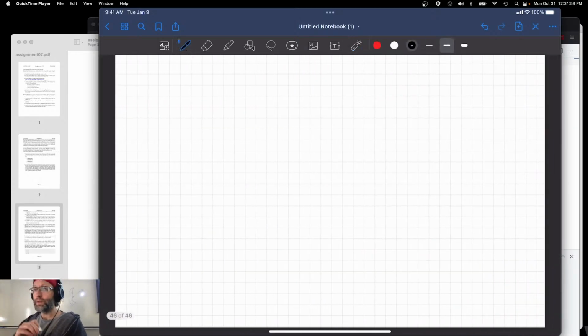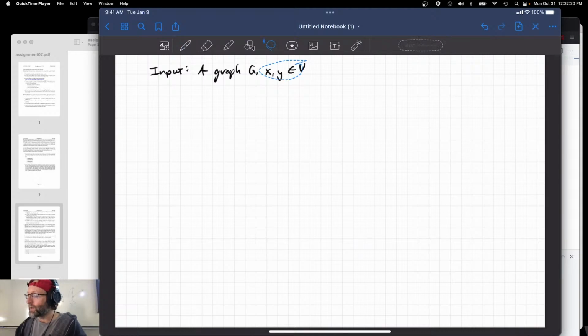So what I want to do is first write out the expected pseudocode, or what we were thinking about when we were thinking people would write up the pseudocode. So for example, let's go ahead and identify our input here. A graph G and two vertices x and y in the vertex set V. Let me give myself some more room here and identify that G is the vertex set and the edge set, with x and y being in the vertex set.